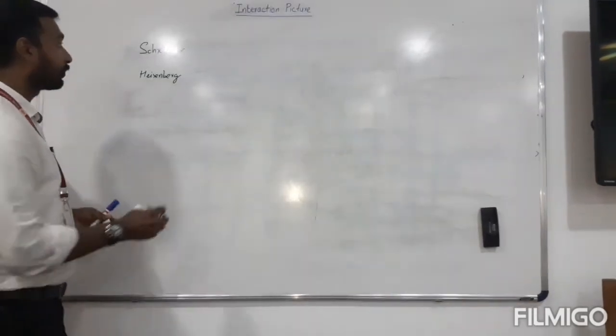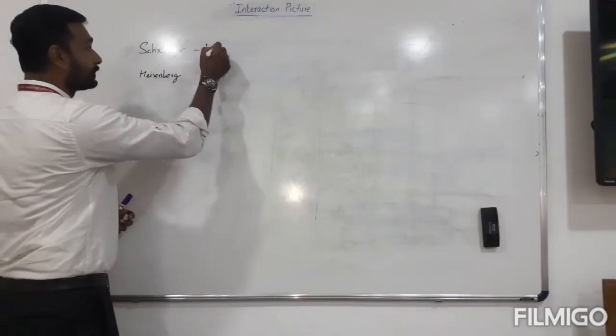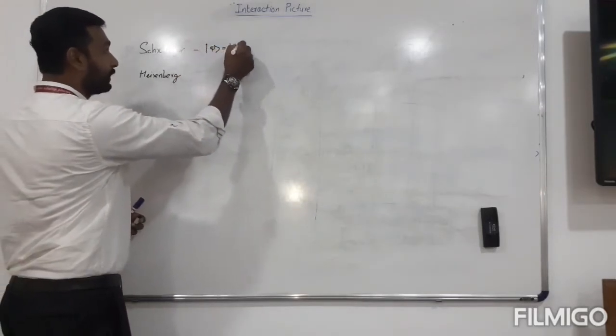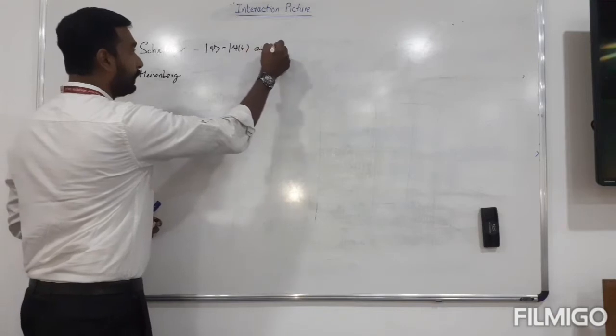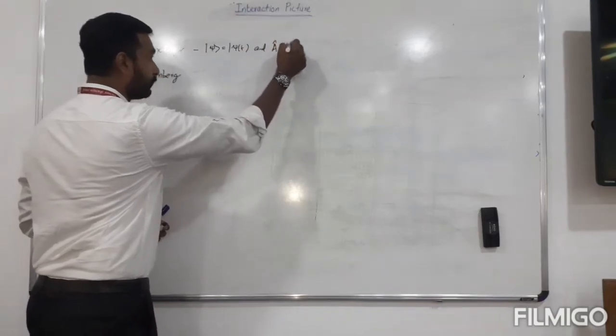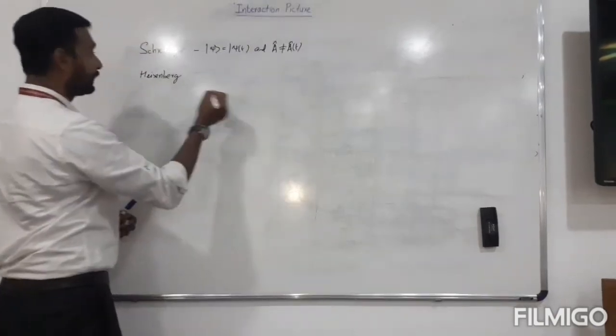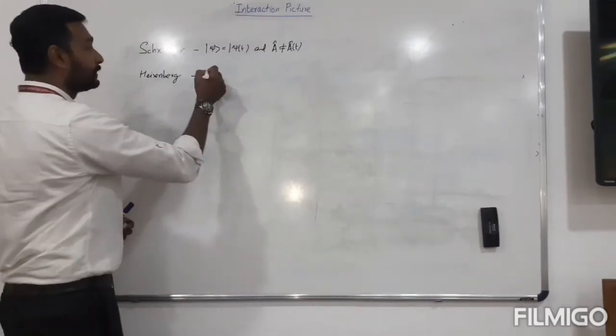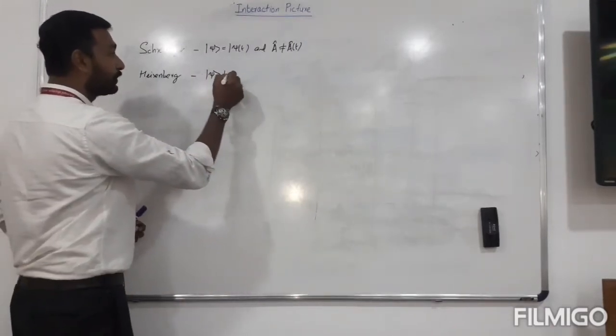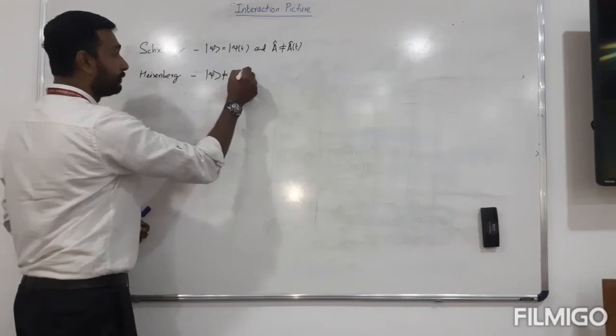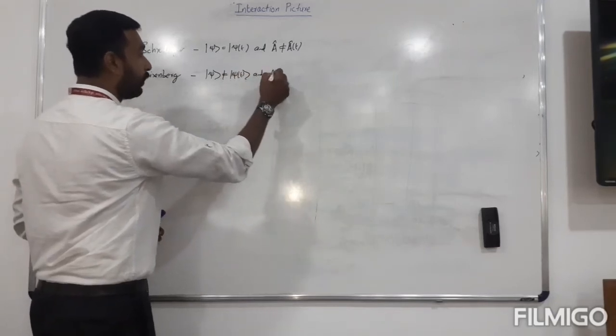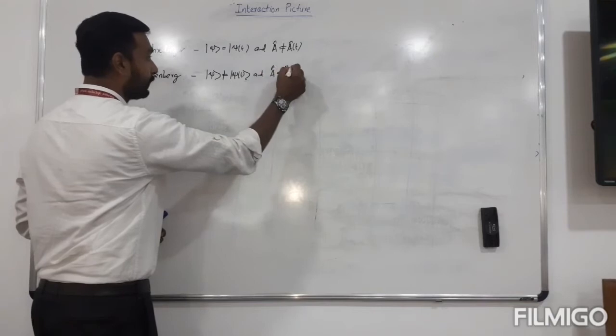Okay, so if you recall the Schrödinger picture, in the Schrödinger picture, the state vector is a function of time and the operator is not a function of time. Whereas when you go to the Heisenberg picture, the state vector is not a function of time and the operator is a function of time.